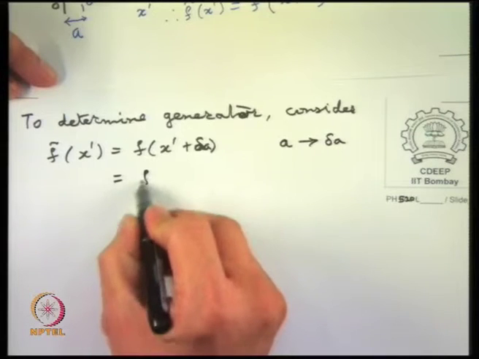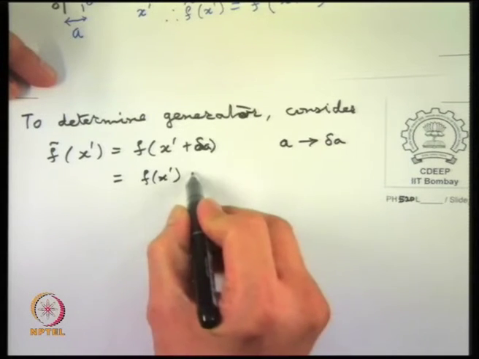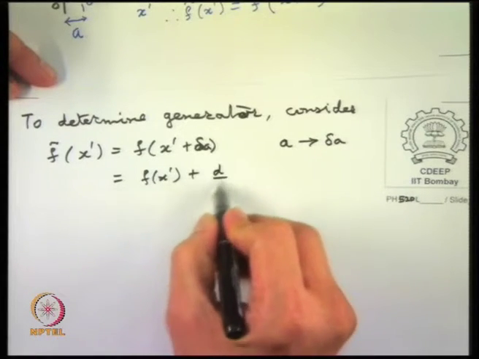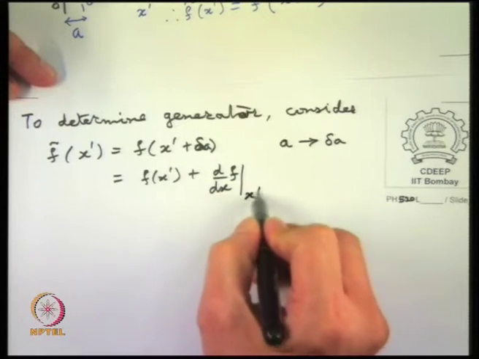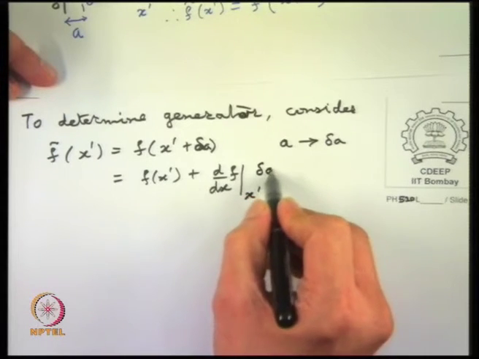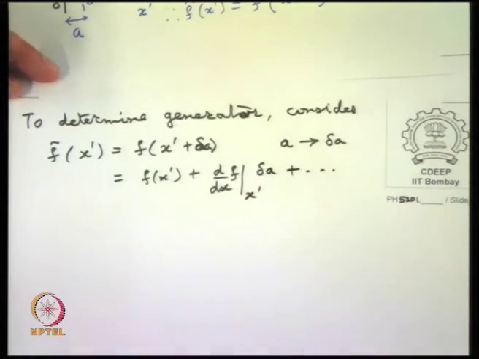So that is equal to f of x prime plus df by dx at x prime times delta a plus, so using Taylor's theorem.